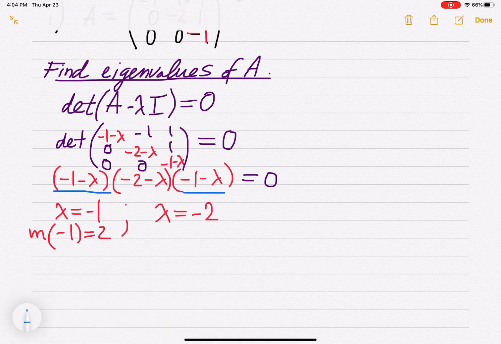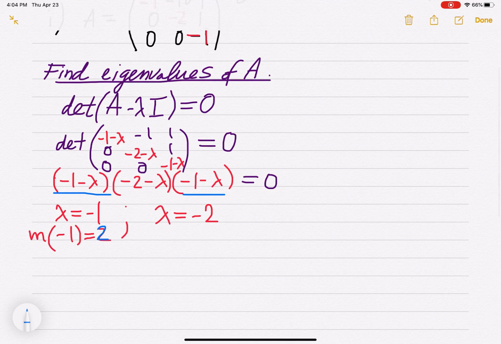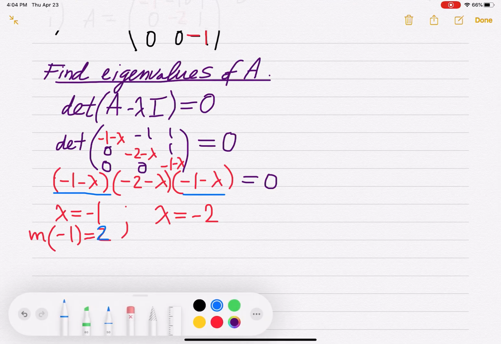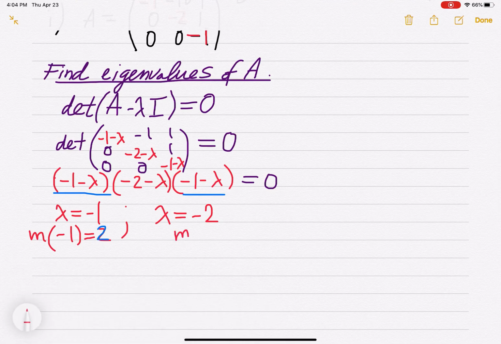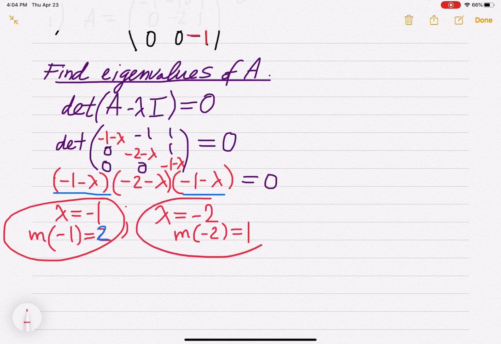There and there. That factor is the one that's giving us -1 as our lambda value. So this gives us a multiplicity of 2 right there. And the multiplicity of -2 occurs just once. So that's the algebraic multiplicity. All right, so eigenvalues were easy to find.